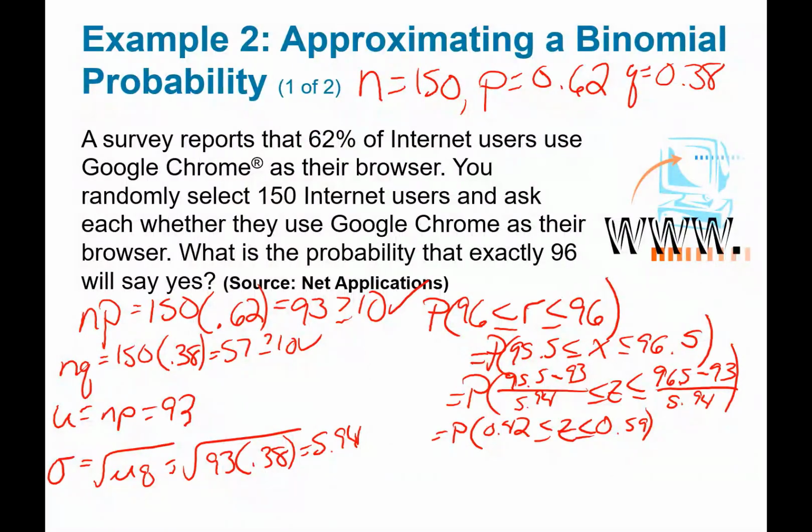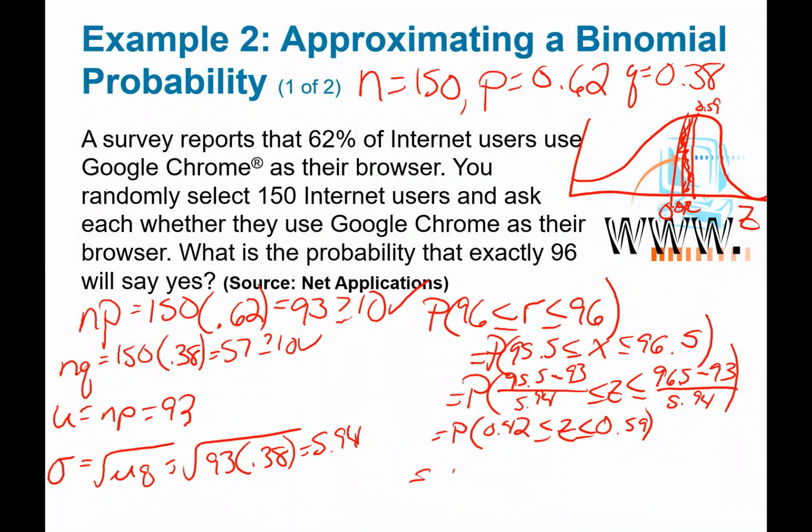So now we would sketch that out. Draw our normal distribution. There's z, mean of 0 in the middle, and 0.42 somewhere about here, 0.59 maybe right here, and then we're shading that region in the middle of those two. All right, so we look up our two z-scores.